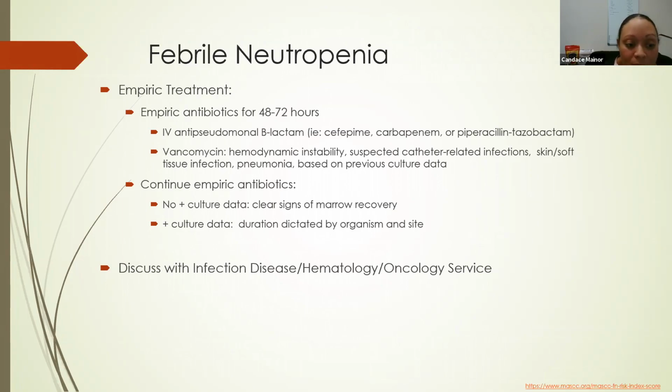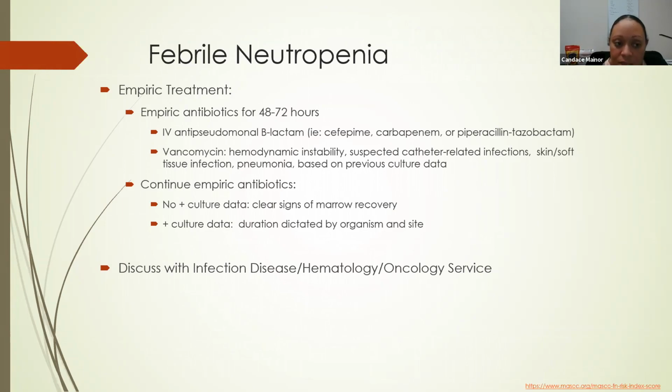How long do we continue the empiric antibiotics? If there's no positive culture data, then the antibiotics are usually continued until clear signs of marrow recovery, which can be on the order of 48 to 72 hours or longer, depending on when the patient presents with the neutropenic fever. Of course, if there is positive blood culture or urine culture data, the duration of the antibiotic treatment would depend largely on the organism that grows and what site is causing the infection.